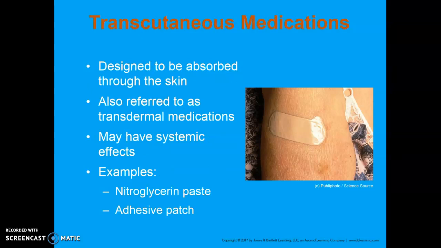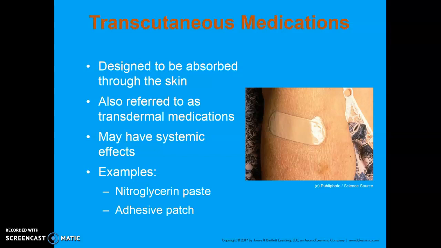Transcutaneous, this is designed to be absorbed through the skin. We also call these transdermal. Unlike topical medications, they don't just affect the site that they're placed at. They actually get absorbed into the body and into the bloodstream so that they have whole body effects, systemic effects.